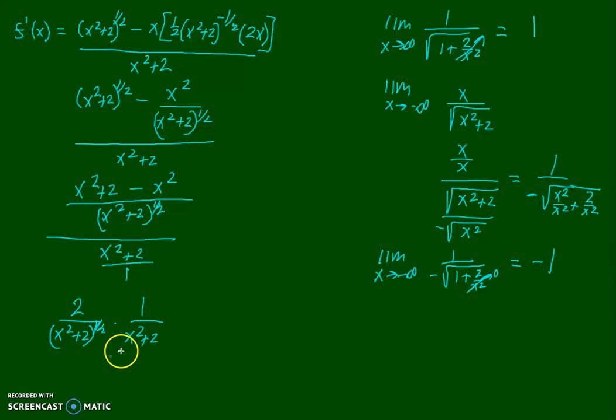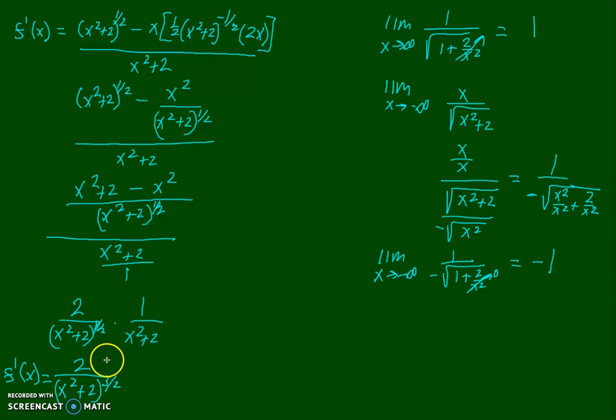And when I combine these terms, I have 2 over (x squared plus 2) to the 3/2 power, because this is 2 over 2, 1 over 2, add them together: 2 over 2 plus 1 over 2 is 3 over 2. This then is our first derivative, f prime of x.